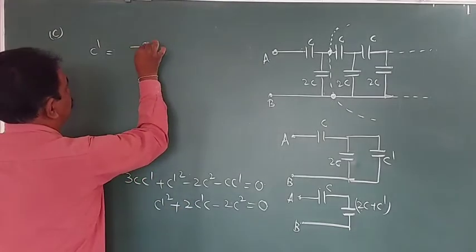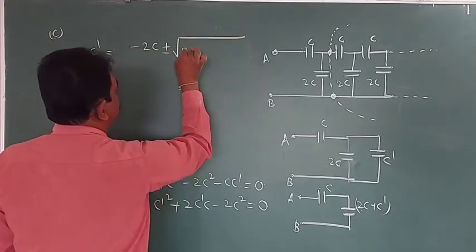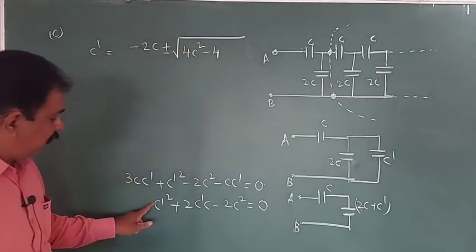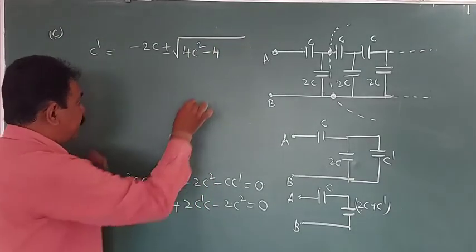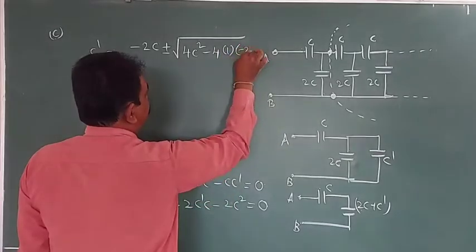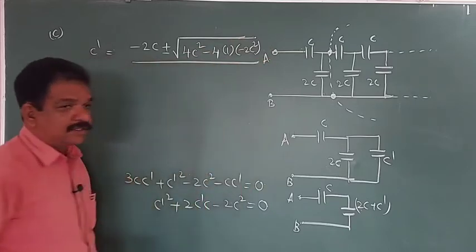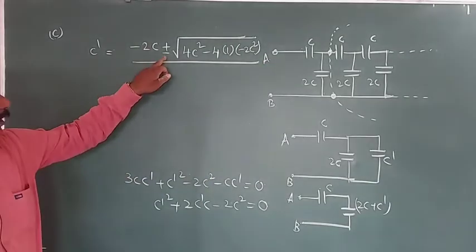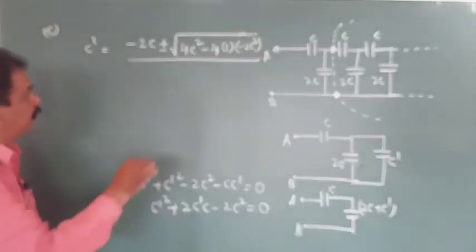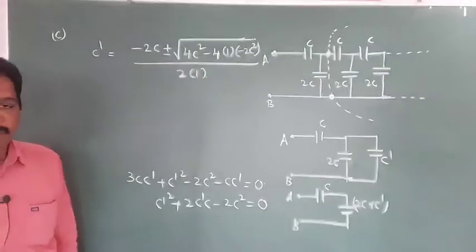So minus 2C plus or minus square root of B square minus 4AC. The A value will be 1, the C value will be minus 2C square, over 2A, and the A value is 1.